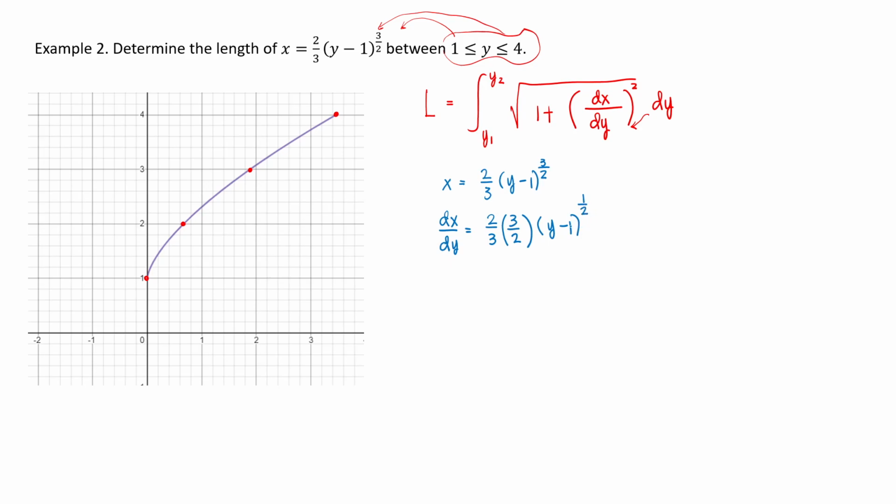And then the derivative of the base, y minus 1, is 1. So again, if you forgot the process, this is u to the power of n, then the derivative is n times u to the power of n minus 1 du.